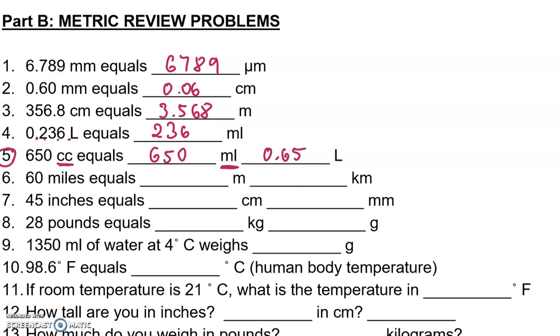60 miles to meters, so we need to have the conversion on that. The conversion from miles to meters is there are 1,609 meters to 1 mile. If I plug that in, to be accurate, 1,609.344 meters to a mile, times 60, that comes out to be 96,560.6 meters.